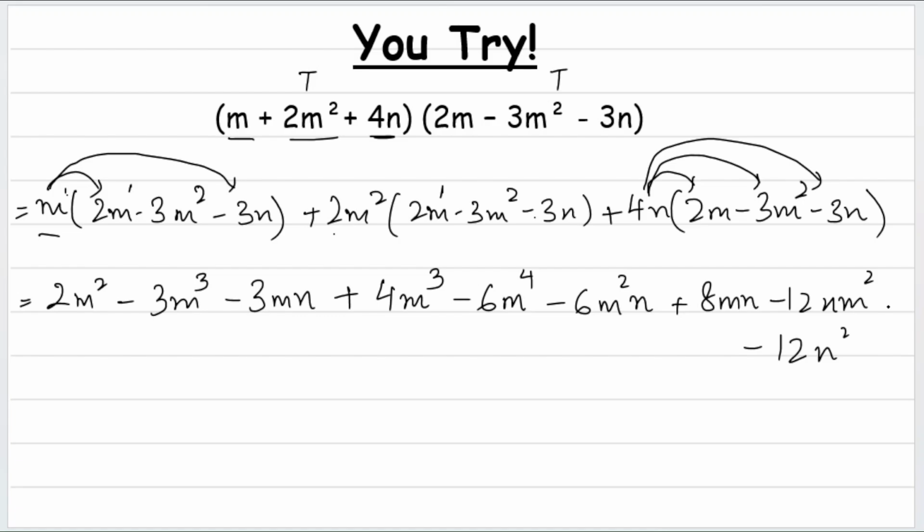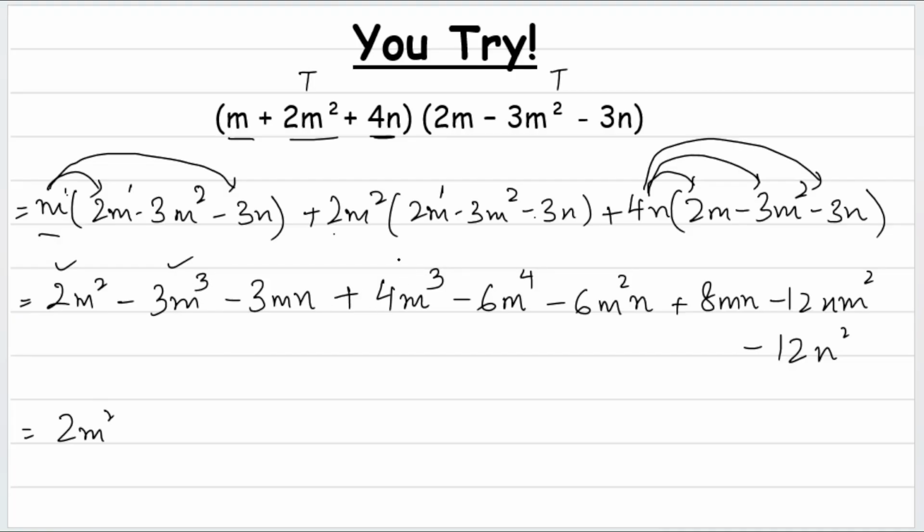So there are many m square, n square terms. So let's start combining. So first of all, do we have any m square term? No. So this is my 2m square. Do I have any m cube term? Yeah.